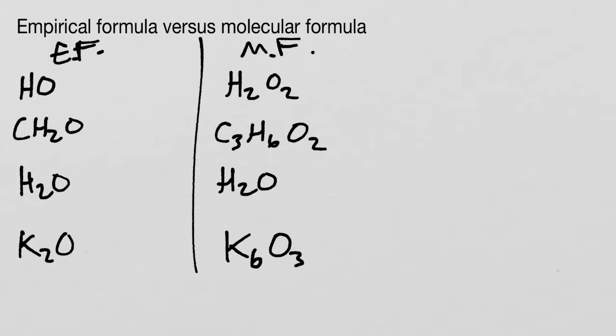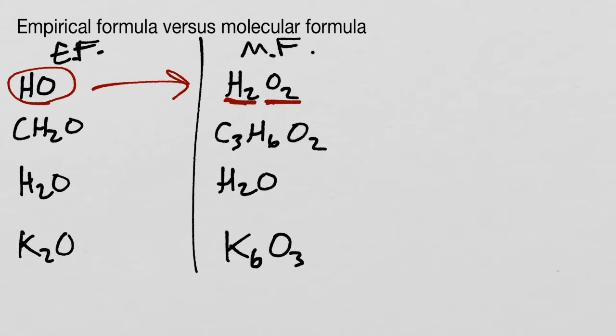The empirical formula seems to be the smallest ratio that we have for these two atoms. So in the empirical formula for HO, it shows that every one hydrogen has one oxygen. When we go to the molecular formula, that ratio is still true. Every hydrogen here has an oxygen, and there's two hydrogens and two oxygens.